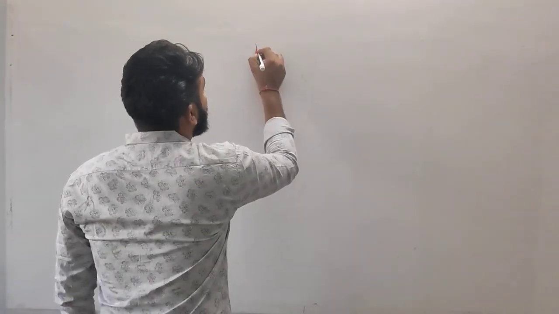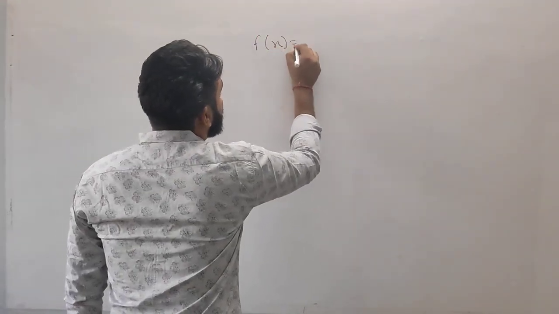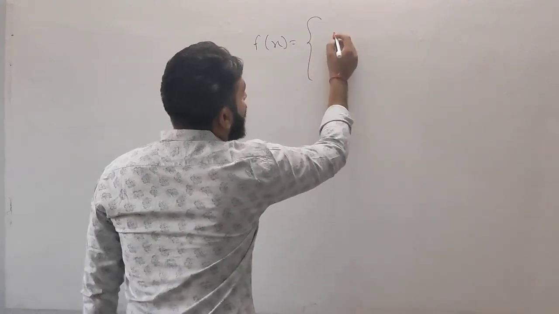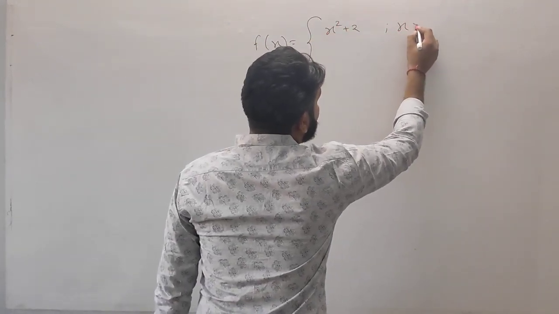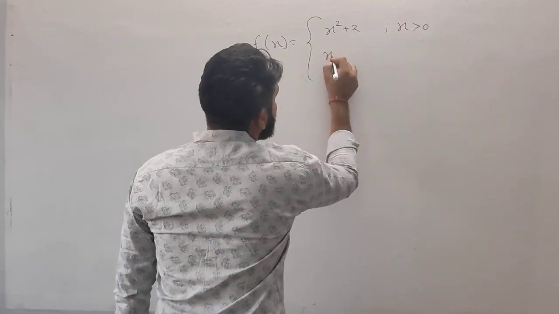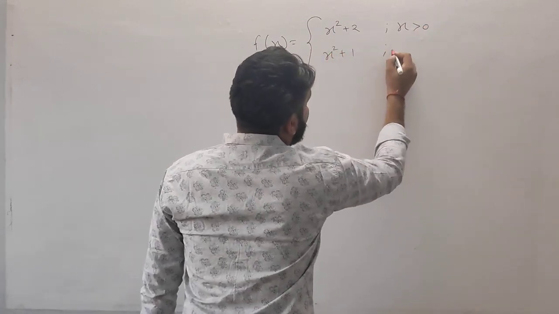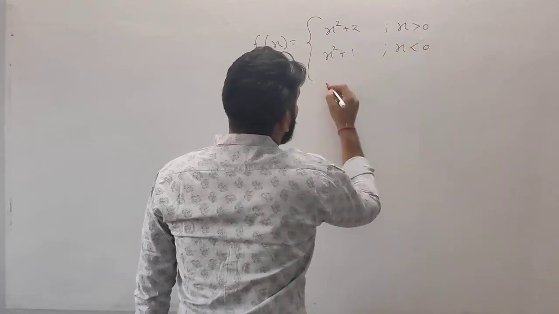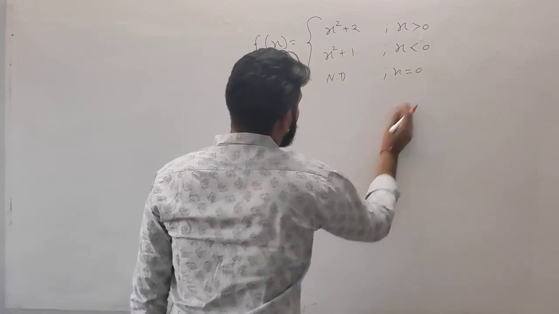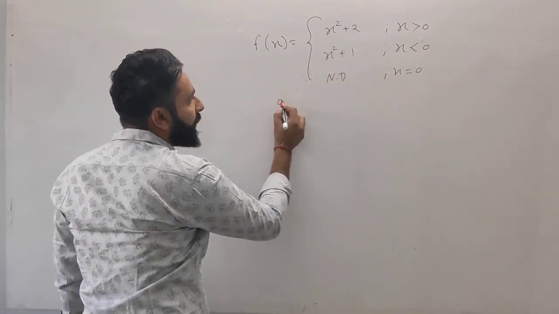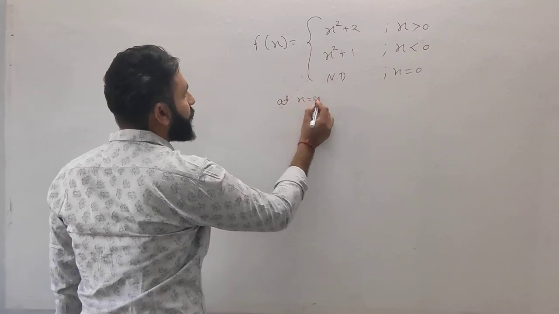The example is, we make f of x equal to x square plus 2 when x is greater than 0, x square plus 1 when x is less than 0, and not defined when x is equal to 0. We have to check the limit at x is equal to 0.